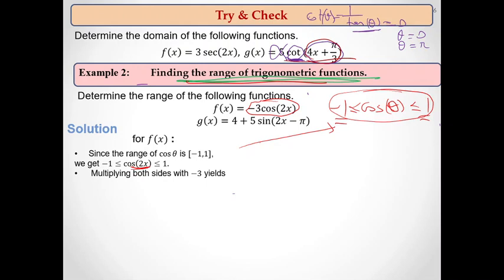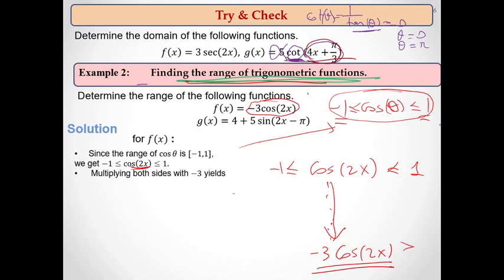Then we will do some manipulation and try to get to -3 times cosine 2x, so that it is bigger than or less than some number, and then we will tell the range.